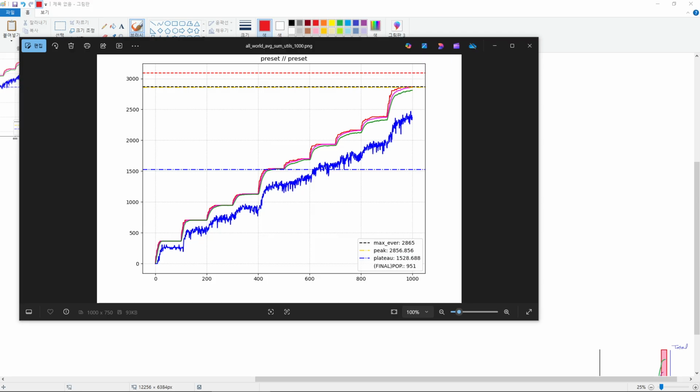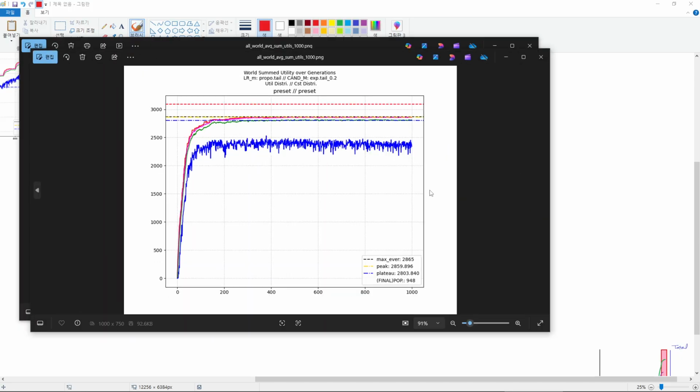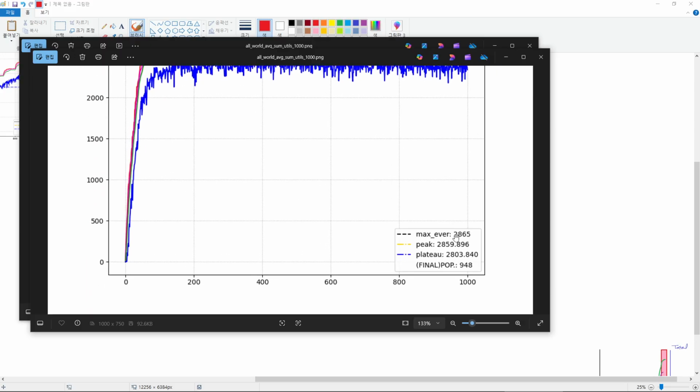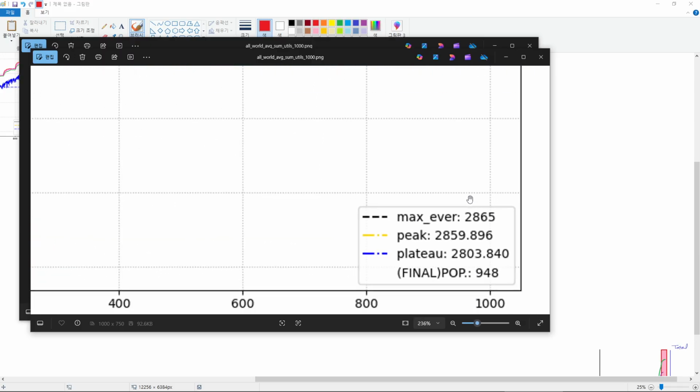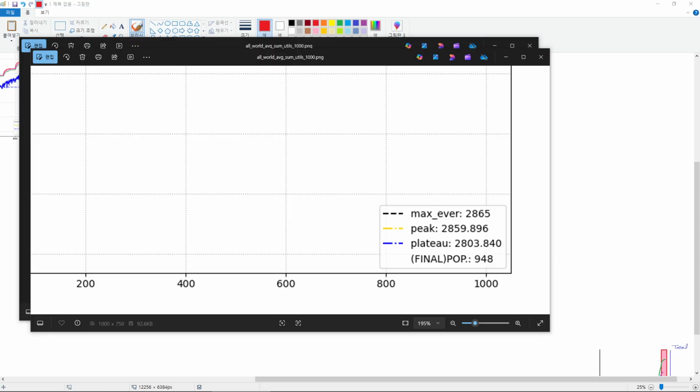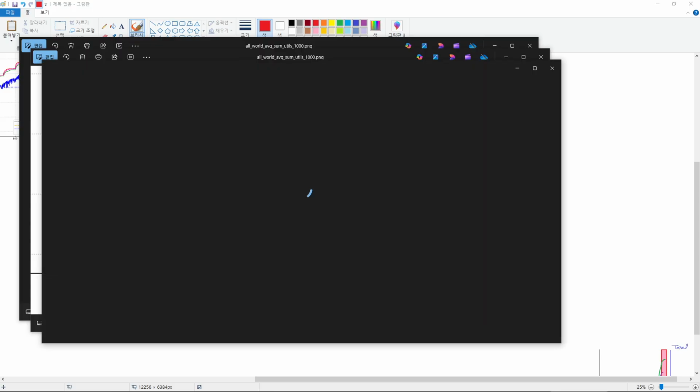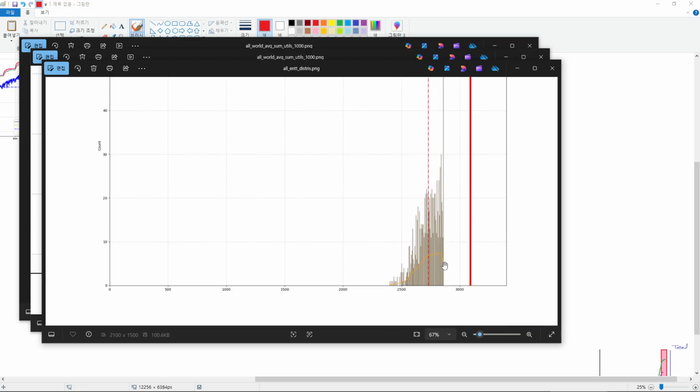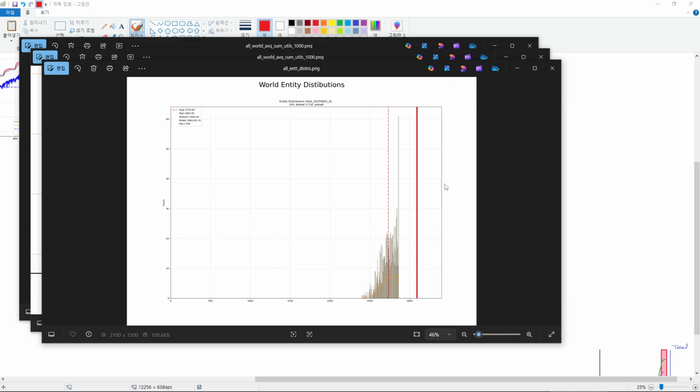I tried it in one go with 1000 entities, and for some reason I got 2865. Now I'm starting to get 2865, and this was the shape of the distribution.